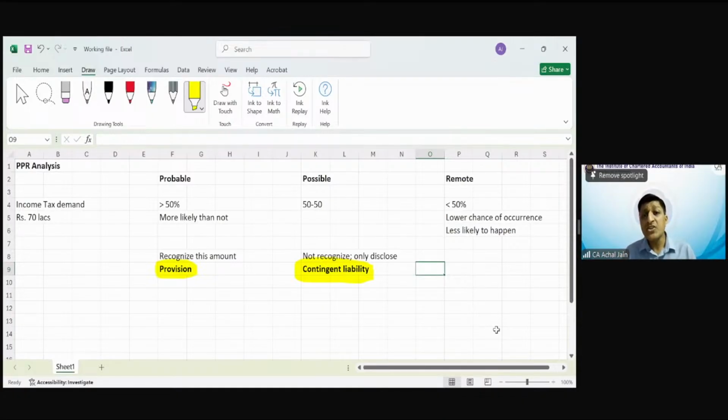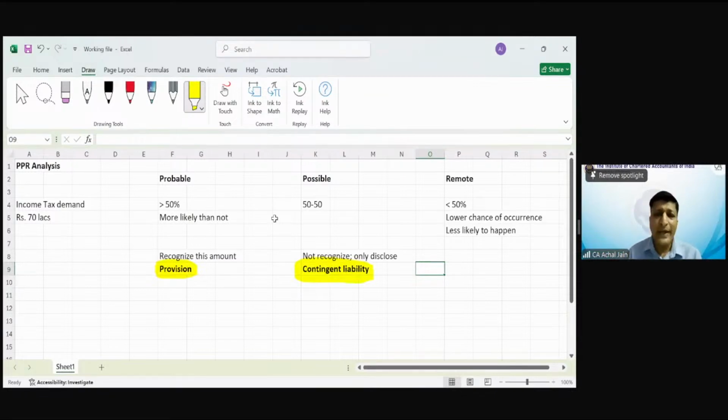Or you can say chances of winning the case are strong. So chances of losing are remote, meaning minimal. Now here again, what is less than 50% is not defined. You can't define what is less than 50%.